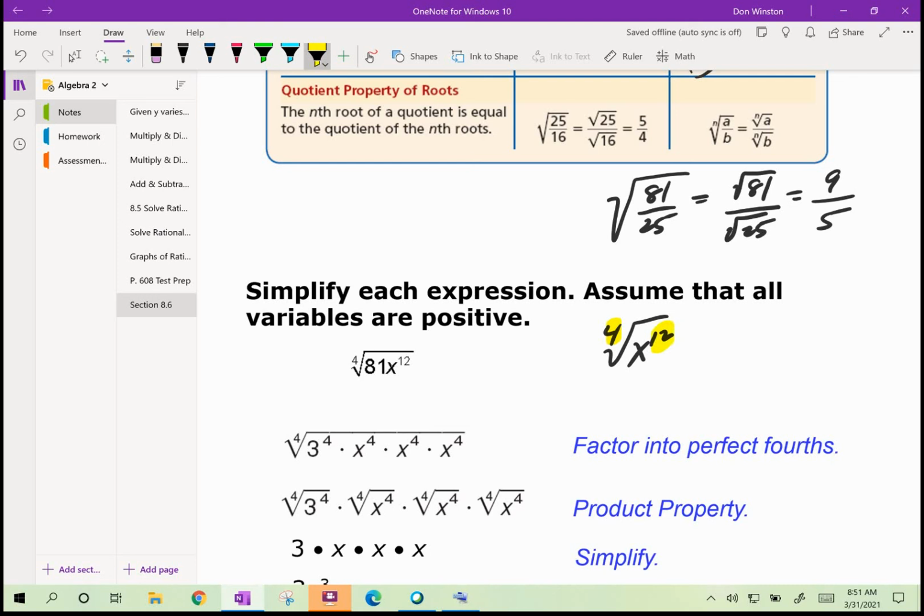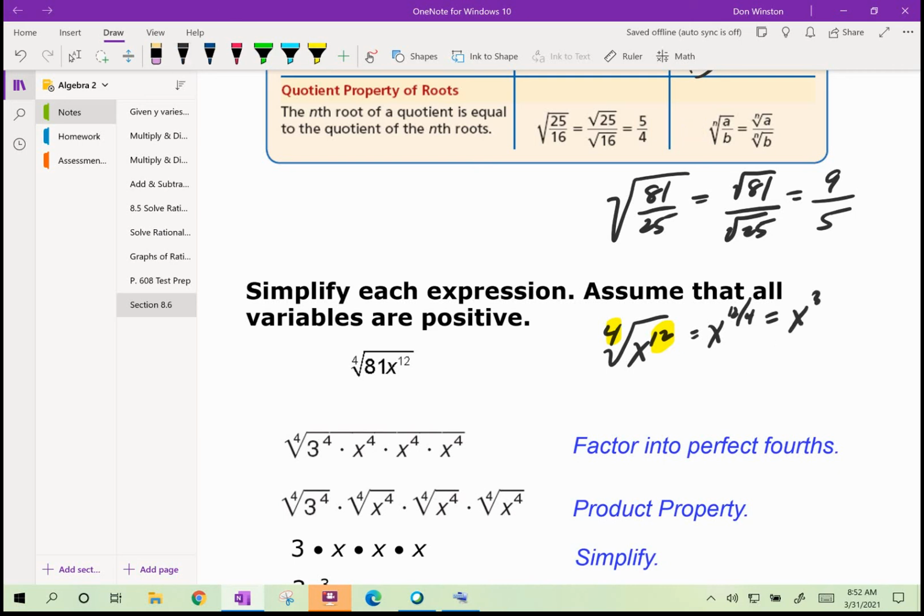Well, 12 is a multiple of 4. In terms of rational exponents, that would be x raised to 12 over 4, which is 3. So the fourth root of x to the 12th is x to the third.